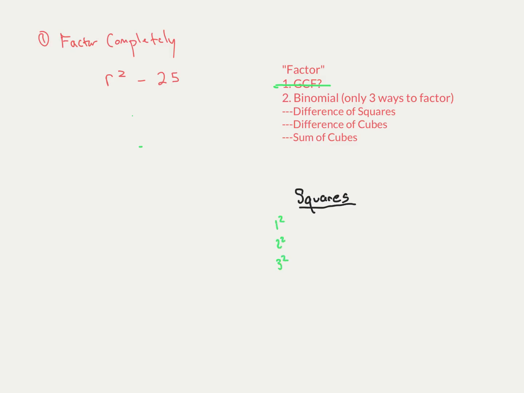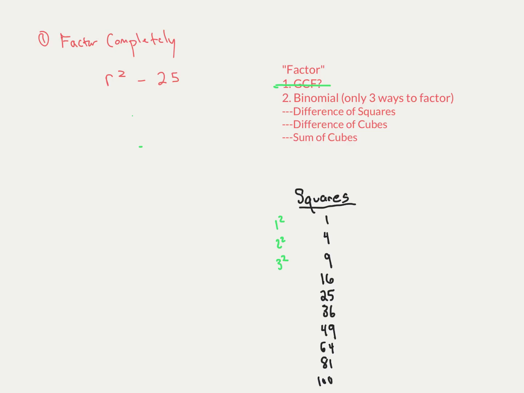And the actual numbers: 1 squared is 1, 2 squared is 4, 3 squared is 9, and then so on. 4 squared, 5 squared, 6 squared, 7 squared, 8 squared, 9 squared, 10 squared. You'll probably want to make a list like that so you can reference it.